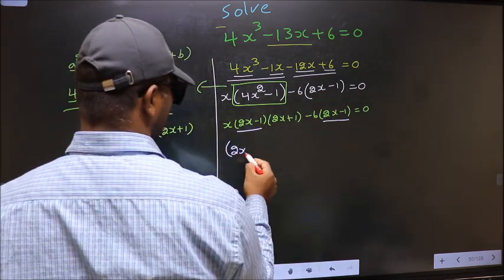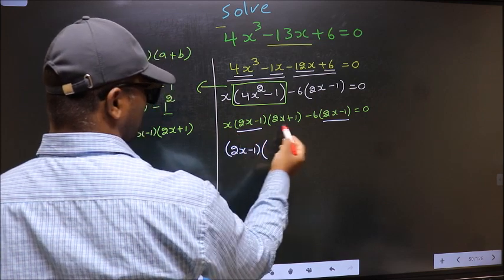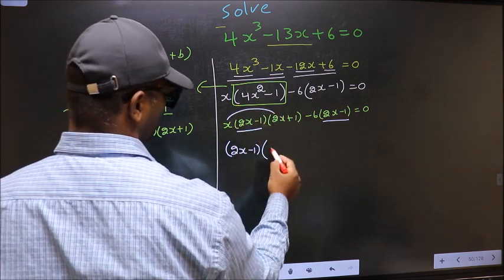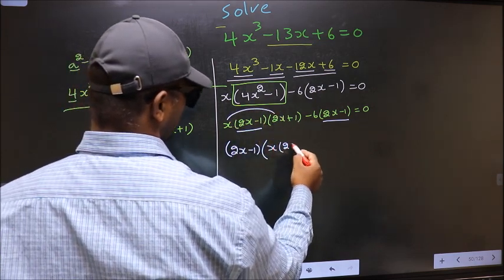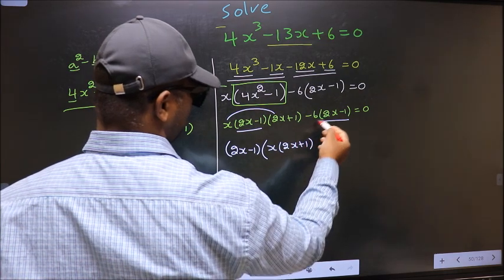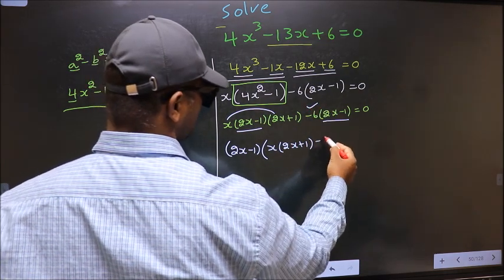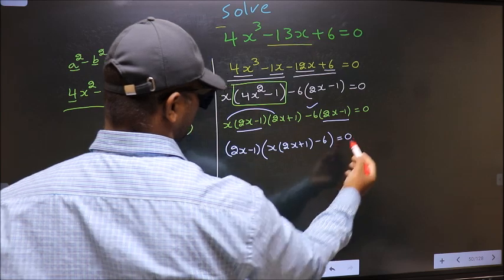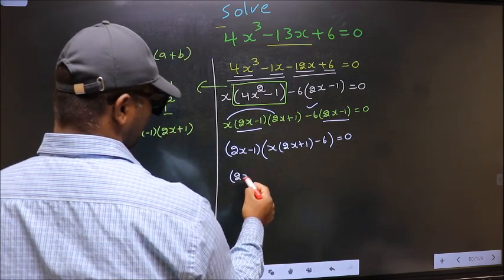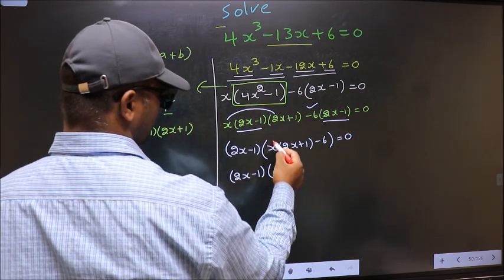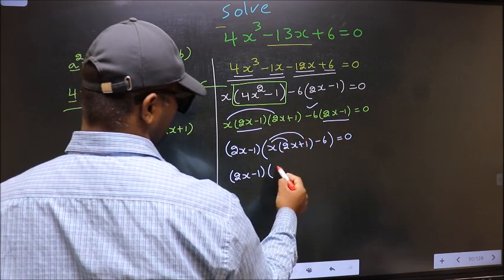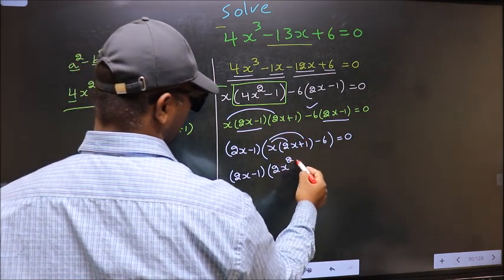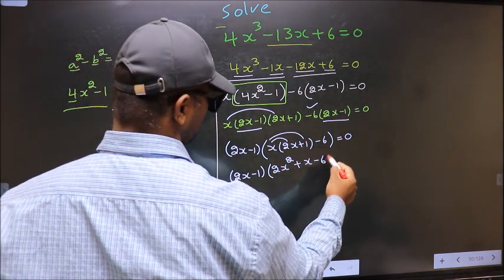So 2x minus 1 outside. Over here we are left with these two, that is x times 2x plus 1, and here minus 6 equal to 0. Now 2x minus 1, now you open up the brackets, you get 2x square plus x minus 6 equal to 0.